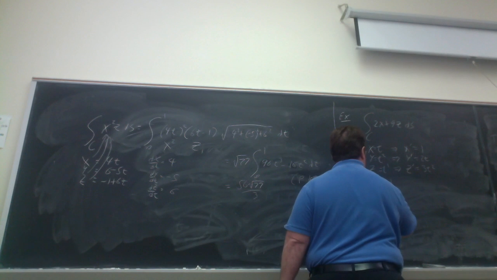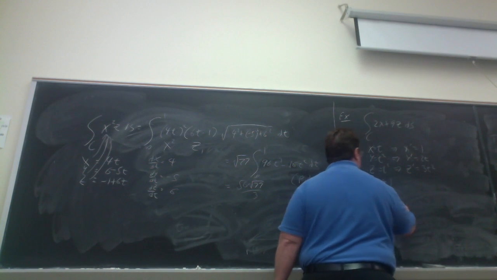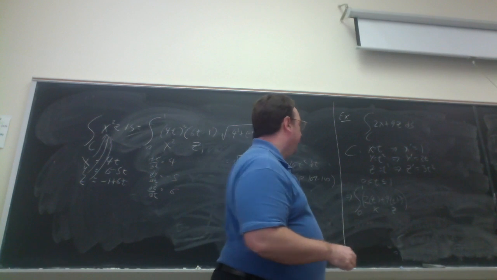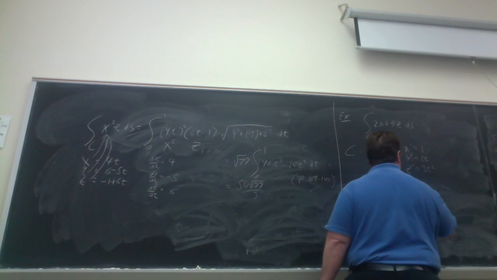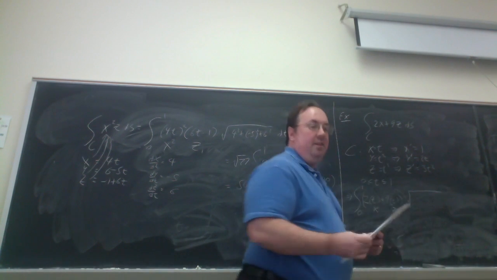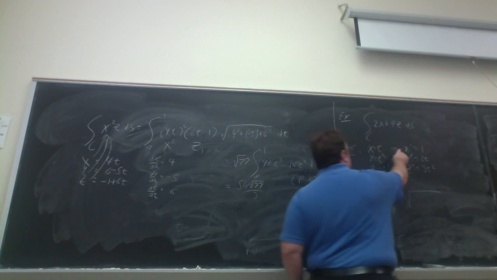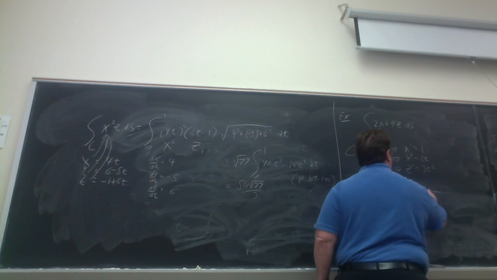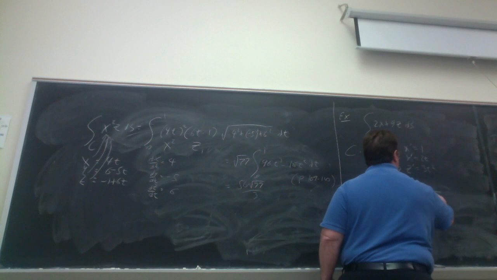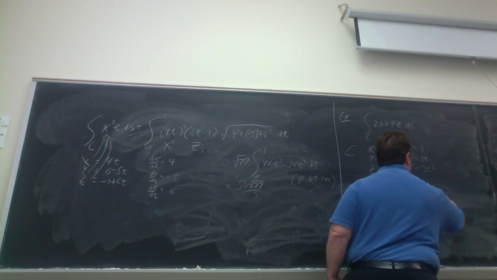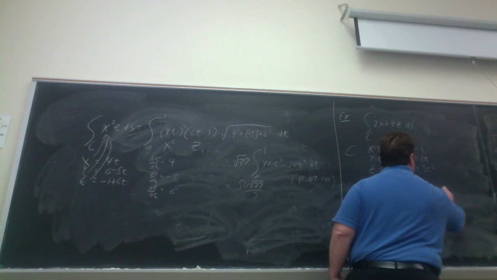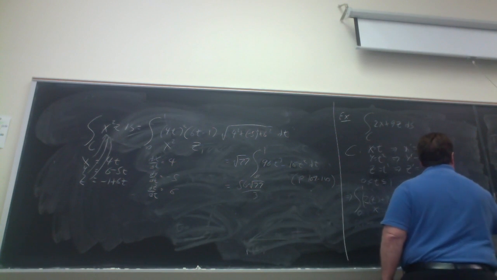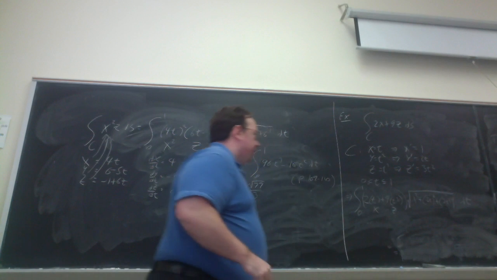Go ahead and fill that in, and it's a good idea to put parentheses around it. And then you have the square root of x prime squared plus y prime squared plus z prime squared dt. So now everything's filled in.